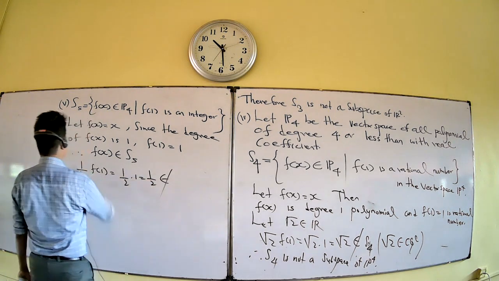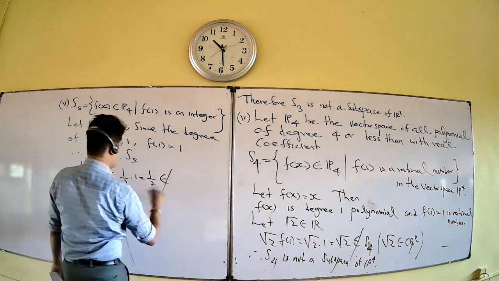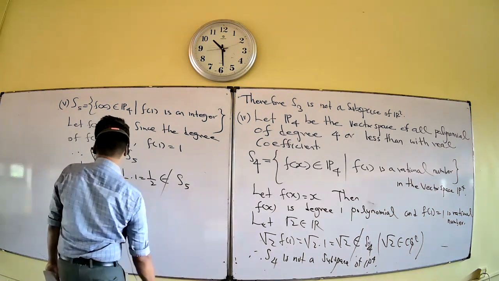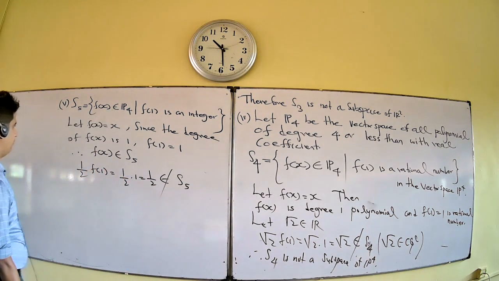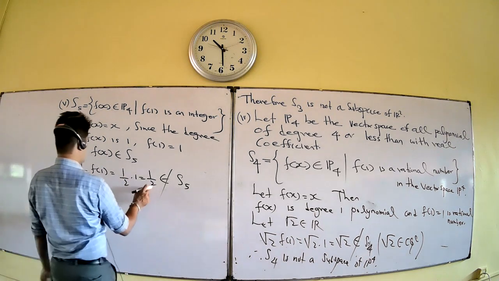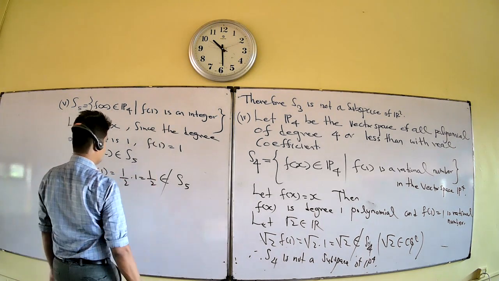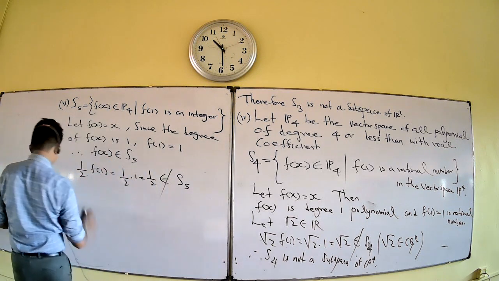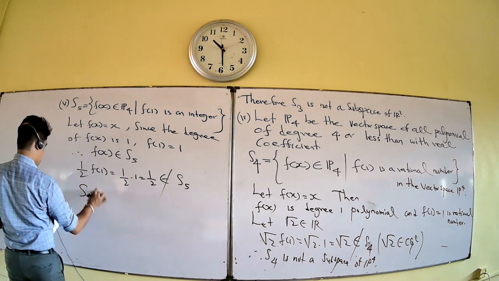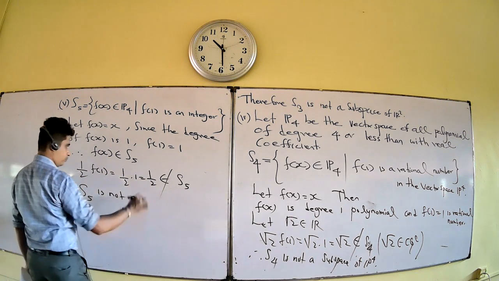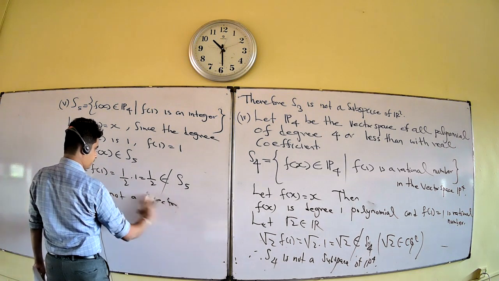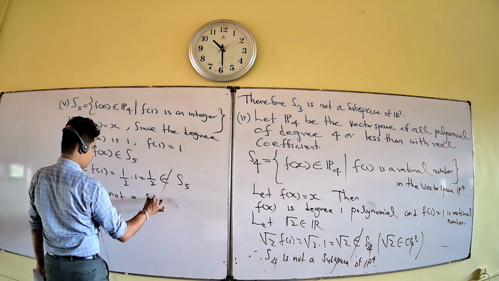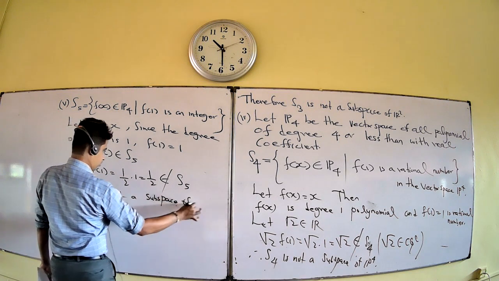It is not an element in the set S5, because this one is not an integer number, right? Therefore, S5 is not a subspace of P4.